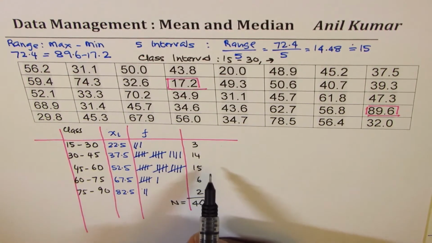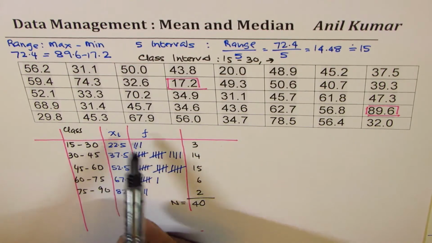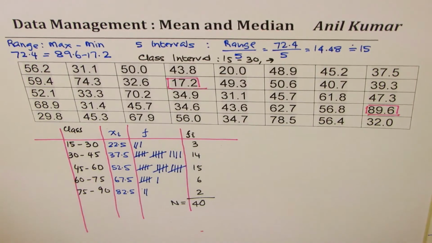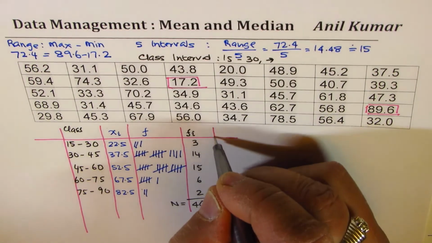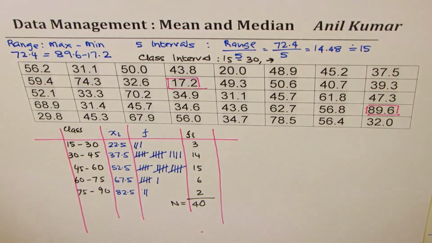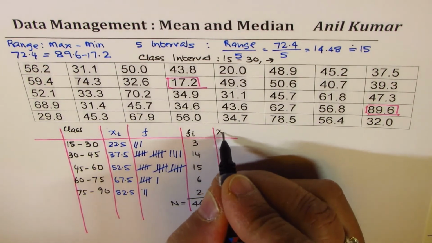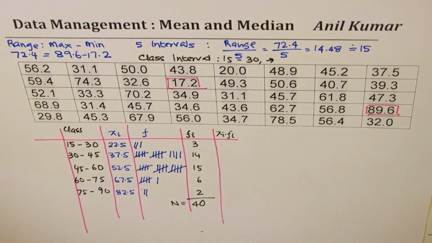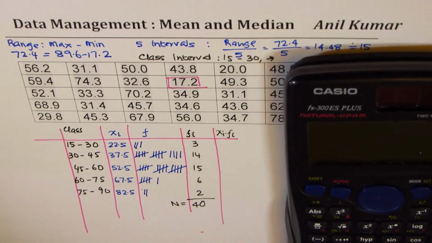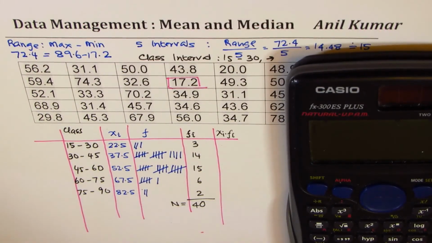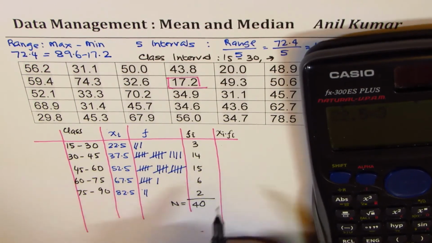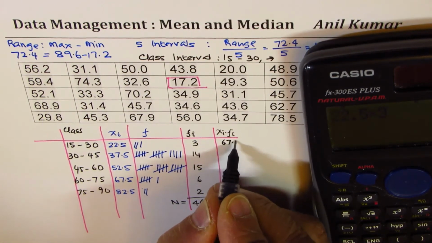Now, to find mean, I have to multiply x with these frequencies, right? So fi x i. So let's calculate that. We'll just multiply the x values, the mid values, with their frequencies. So what we have here is 3 times 22.5, which in decimals is 67.5.